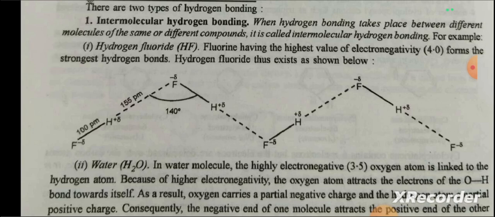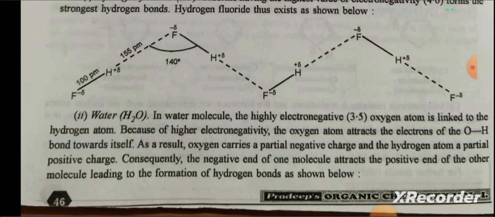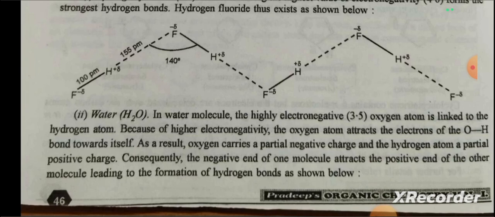Second is water, H2O. In water molecules, the highly electronegative oxygen atom is linked to the hydrogen atom. Because of the higher electronegativity, the oxygen atom attracts the electrons of the OH bonds towards itself. As a result, oxygen carries a partial negative charge and the hydrogen atom a partial positive charge.